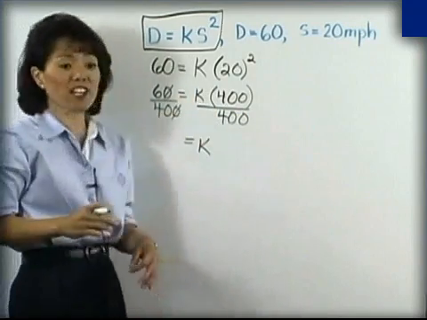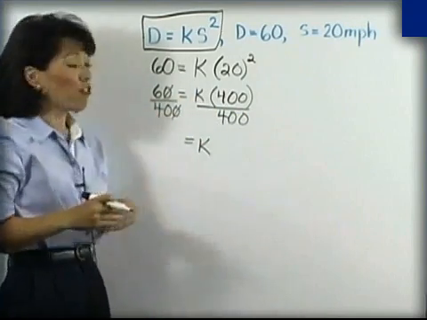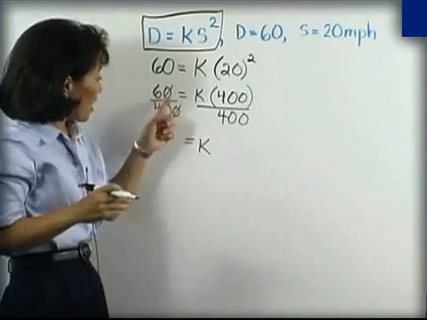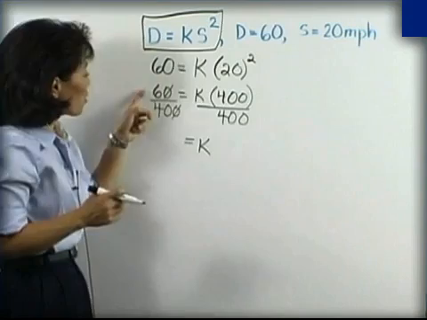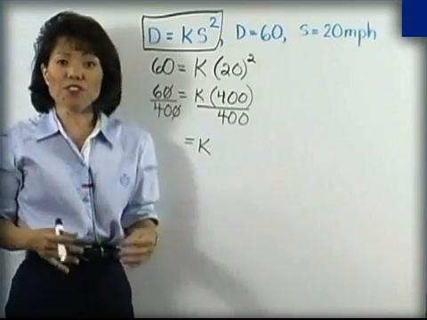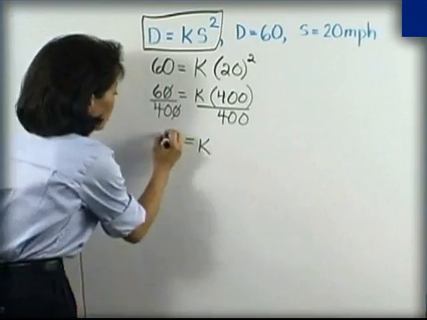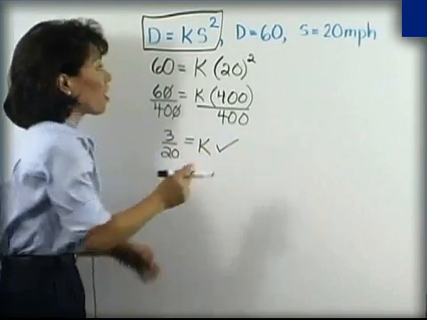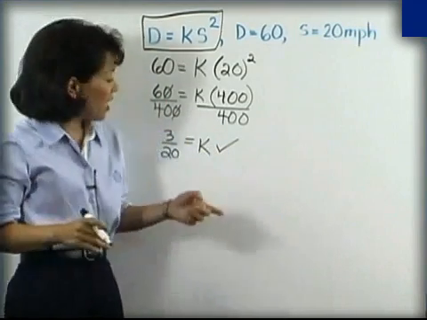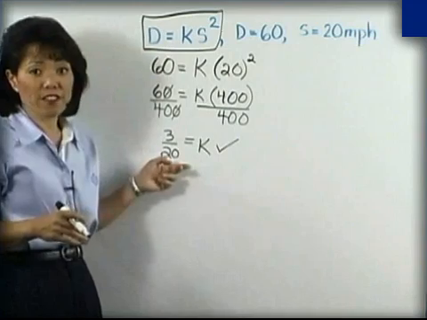Now we'll reduce the fraction, and we get 6 over 40 when we divide out those zeros. And to reduce the fraction 6 over 40, that reduces to 3 over 20. So what does that tell us? That tells us that our constant of variation is equal to 3/20.